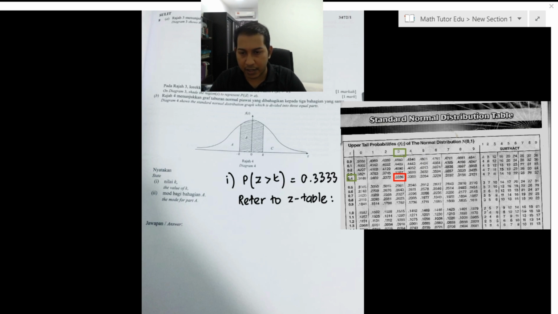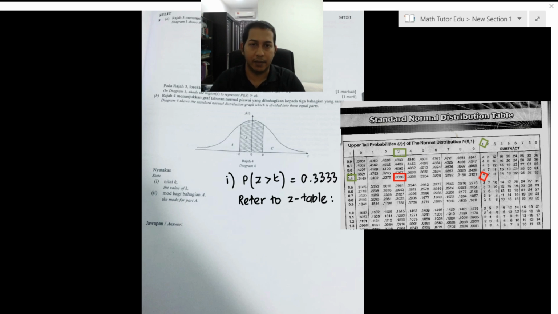So when you subtract it, you get your k value, in this case 0.431. Let me repeat again. This will be your 0.3336. From here the 6, you subtract with the 4. Follow the subtract column. The value corresponding to the 4 is 1, so that's how you get the z value, or in this case the k value is equal to 0.431.